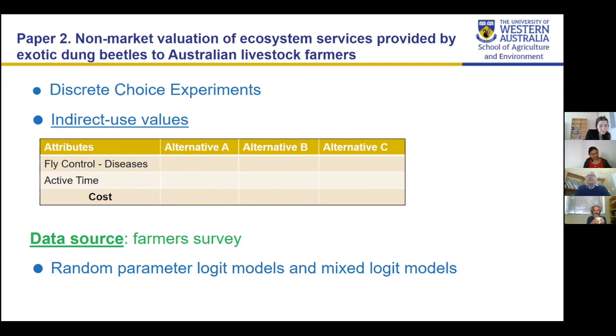So we might be able to use that as a way of getting the value of a marginal species, an additional species, to either introduce dung beetles to a farm or add an additional dung beetle species to a farm.